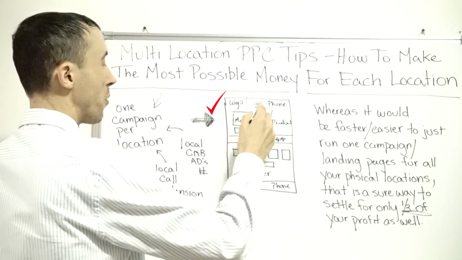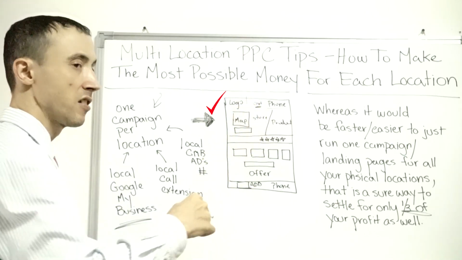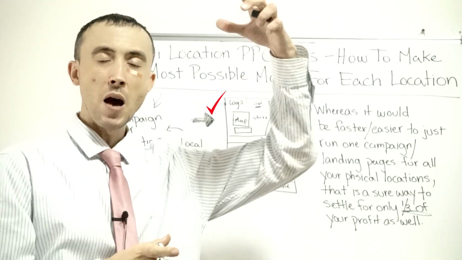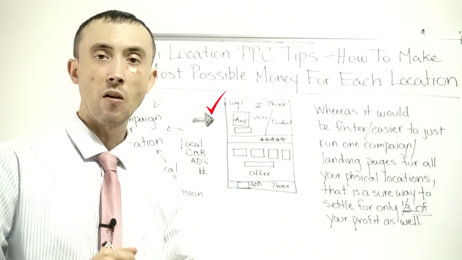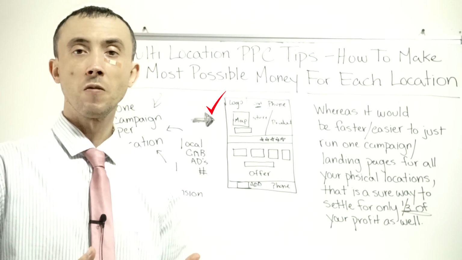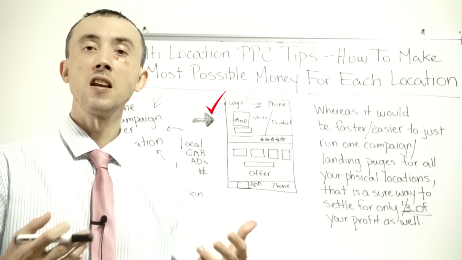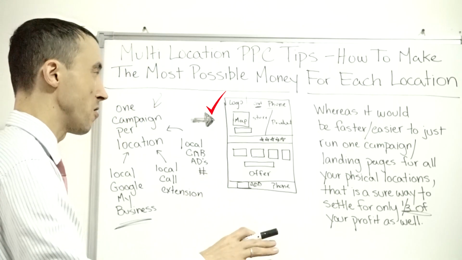Right to the left of the phone number, you can have a little link that says contact us, which opens a pop-up contact form where they can ask a question, because some people's preferred method of communication is filling out the contact form. They're not ready to come in yet because they want to ask a question first, so you make sure you cater to those people.